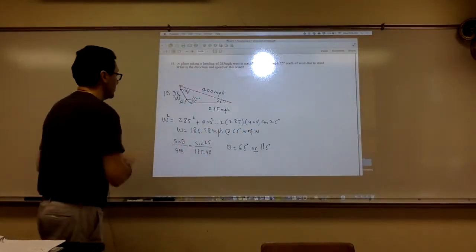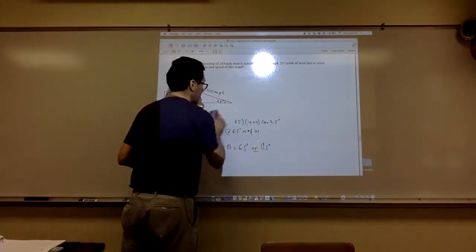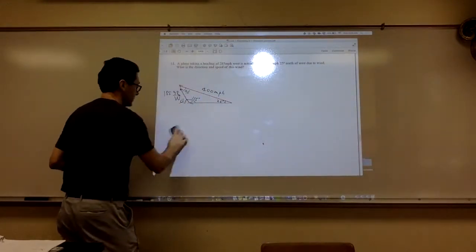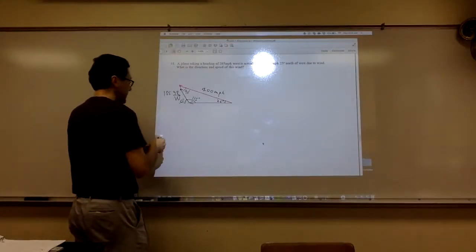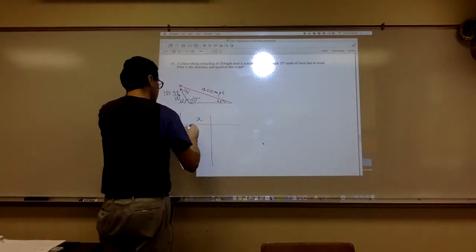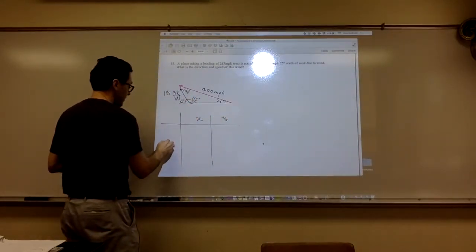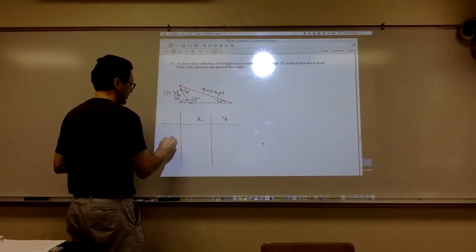Okay, so that's one way of doing it. Now let's look at the other way, which is basically making a chart. In this case, this is a little different than before. We do have the resultant, and we have to find components for the wind.